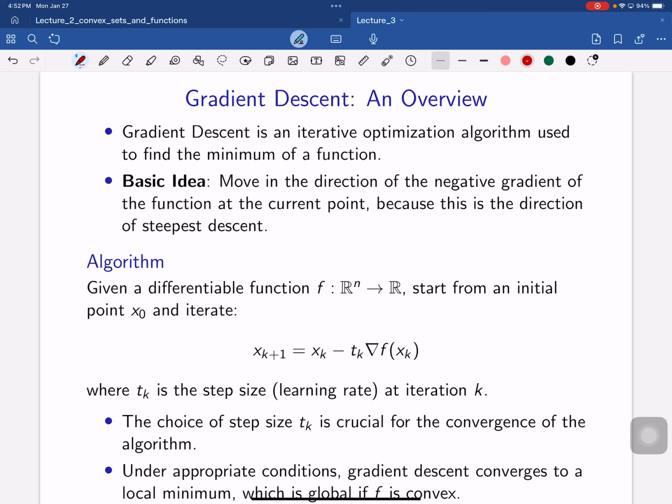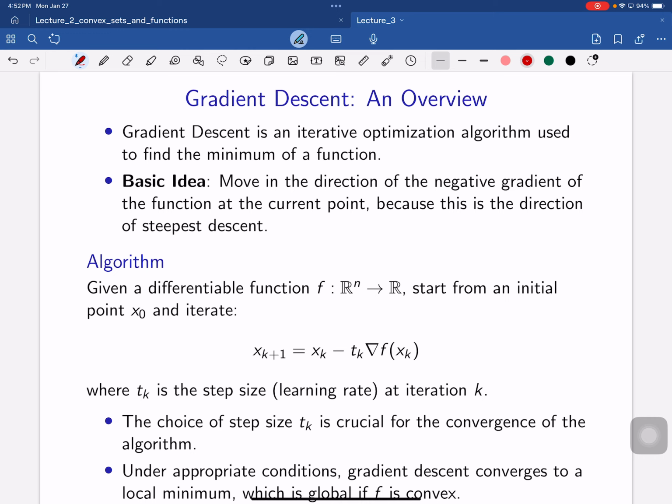You already told me that if you have the gradient being non-zero, you can always move in the negative gradient direction, and you can always get a decrease in the function value, if the step size is small enough.